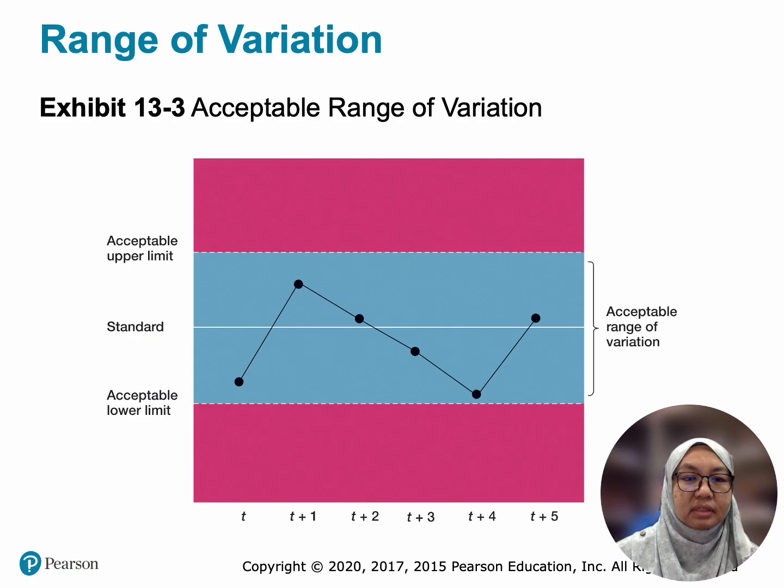So this is the acceptable lower limit. Below here is the unacceptable lower limit, and above is the unacceptable upper limit. If they sell less than the target, it will go to the pink one, so the manager can notice that this particular employee's performance is below the standard.